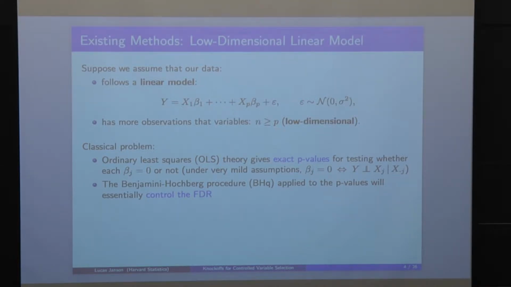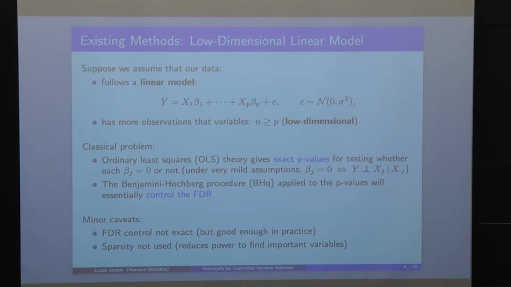And once I have those p-values, I can plug them into what's called the Benjamini-Hochberg procedure, which is a procedure that applies to a set of p-values. You give it a bunch of p-values, and it spits out a subset of those p-values, which you can determine to be significant, and it controls the false discovery rate. Now, technically, the false discovery rate isn't exactly guaranteed to be controlled because it requires certain distributional assumptions on the p-values.